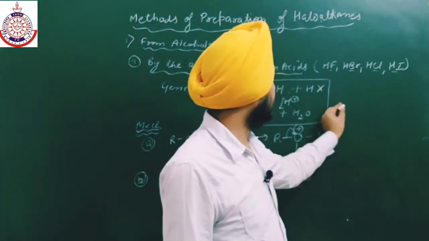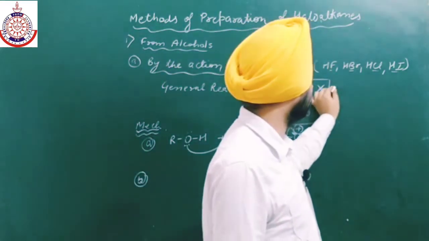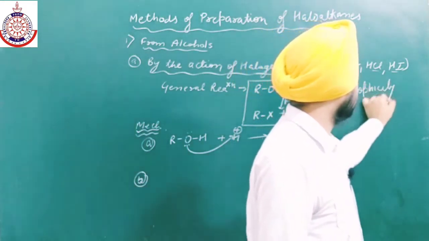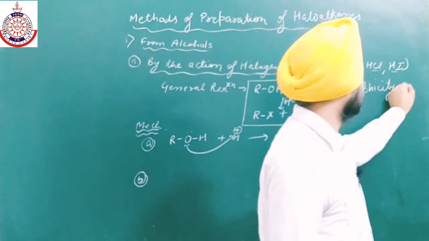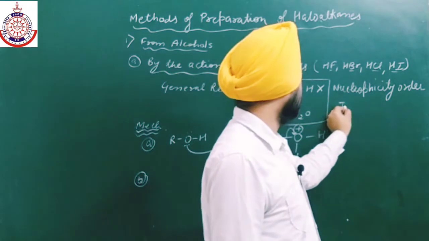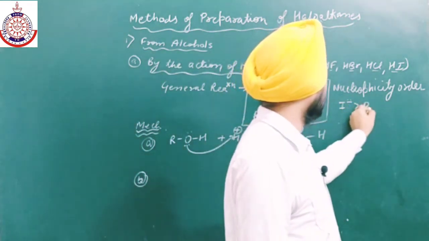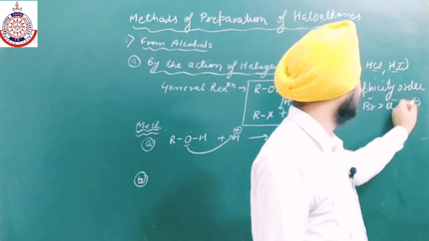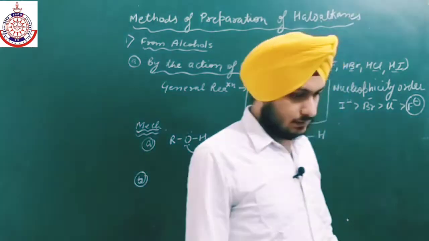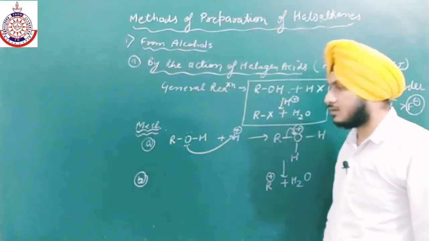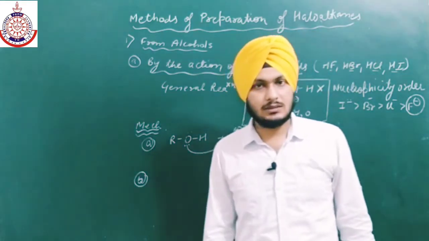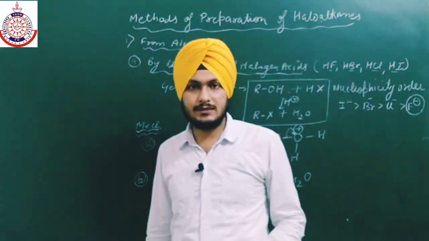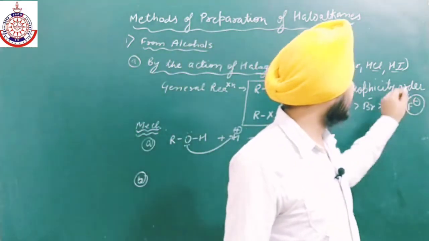So the nucleophilicity order is I negative the highest, then Br negative, then Cl negative, and the lowest will be F negative. That is why F negative will not attack R positive, because its nucleophilicity is quite less. Its tendency to donate the lone pair of electrons is negligible. That is why F negative doesn't take part in the reaction.